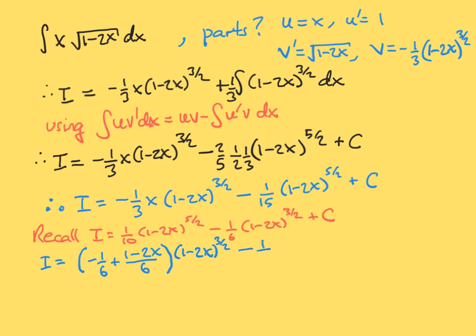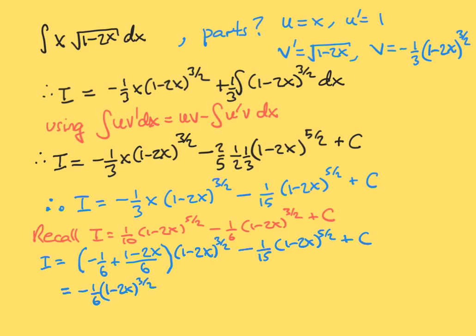And then we have minus 1 over 15, 1 minus 2x to the 5 halves, plus our integration constant. So we have minus 1/6 times 1 minus 2x to the 3 halves.